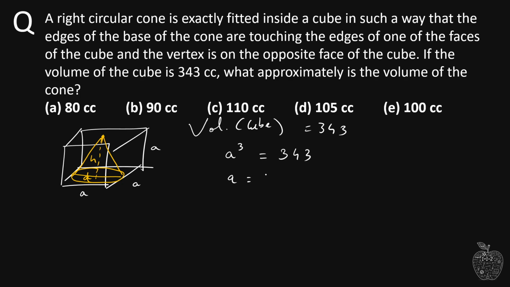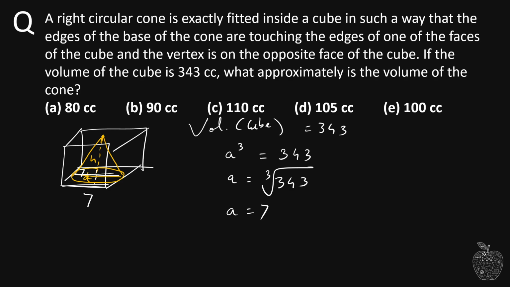Now A here will be the cube root of 343, and the cube root of 343 is 7. So the side of the cube here is 7. Now this diameter here will also be equal to 7, because this diameter and this side here are parallel. So we know that diameter is 7.